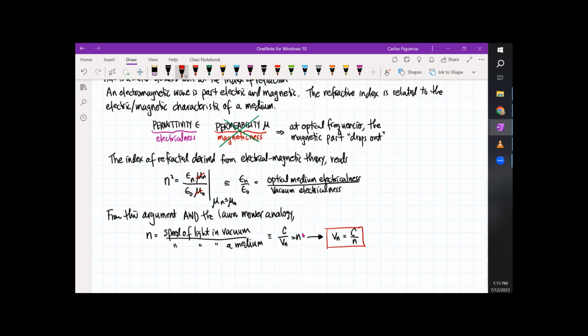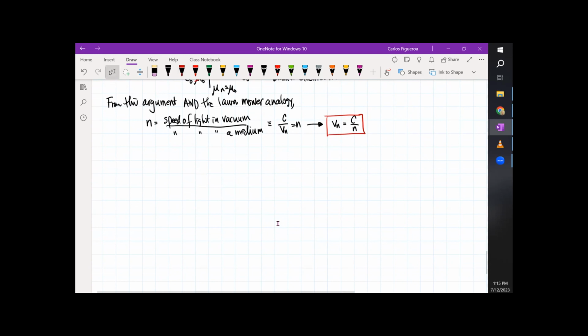Now, we got to be careful with language. The language can get really, really tricky. The speed of light in a medium is called the apparent speed of light.